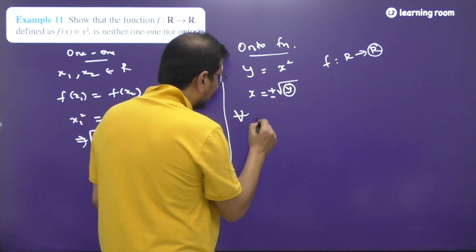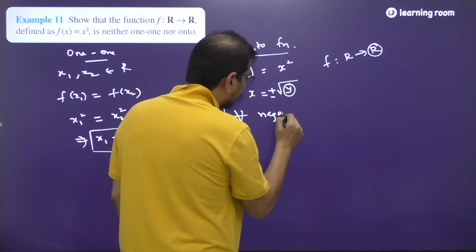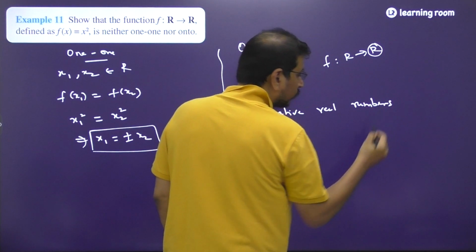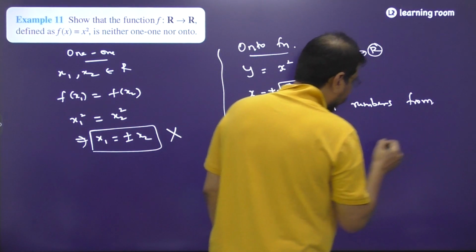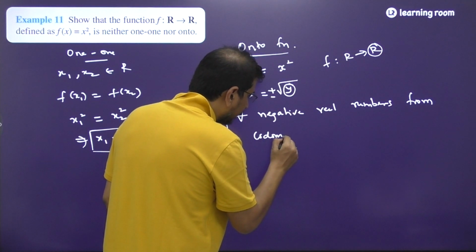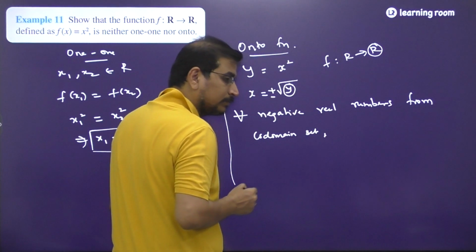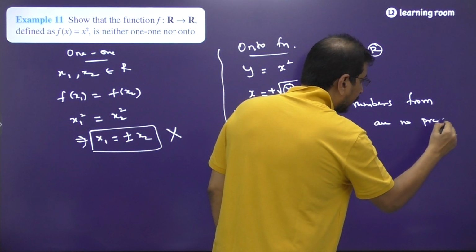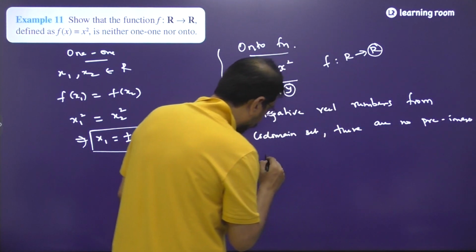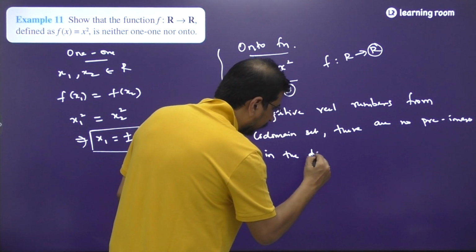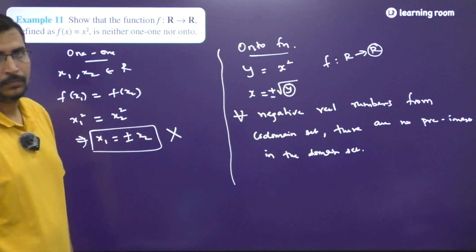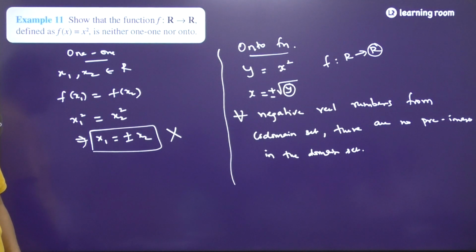So for all negative real numbers from the codomain set, there are no pre-images in the domain set. Obviously. Am I clear with this? Right? Yes. So this is how it works.